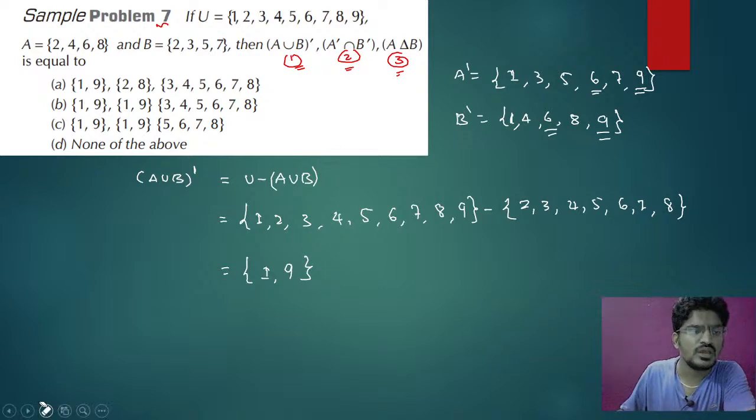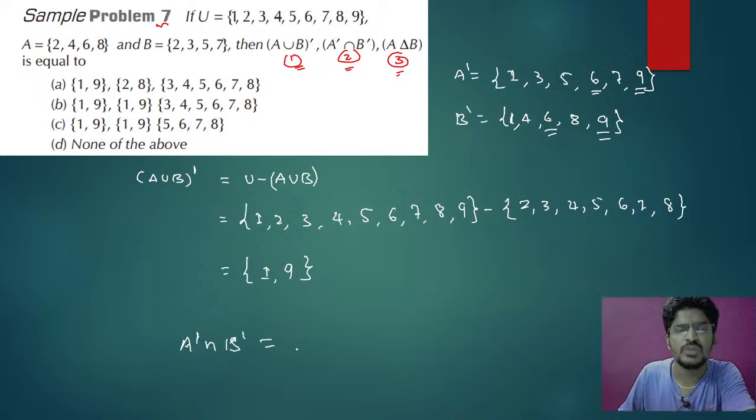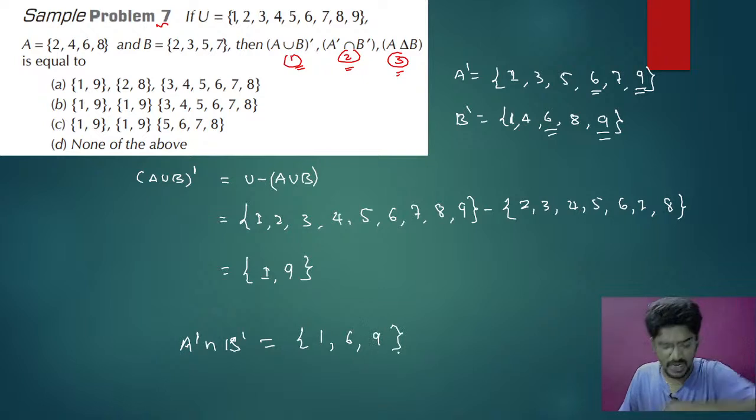So A complement intersection B complement will be equal to the common elements 1, 6, 9.